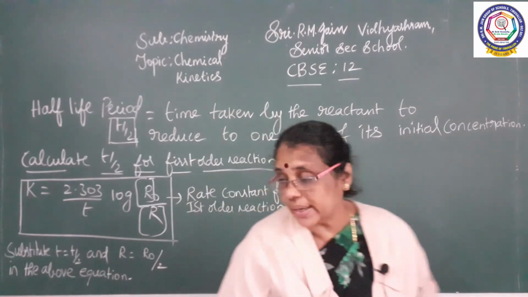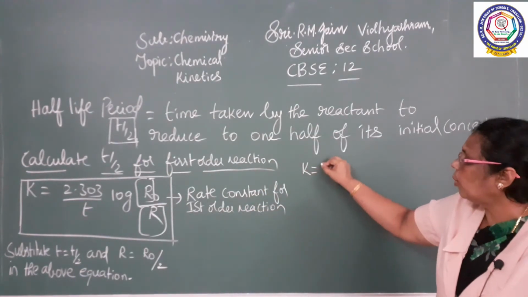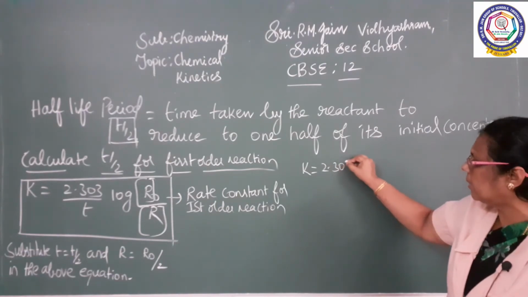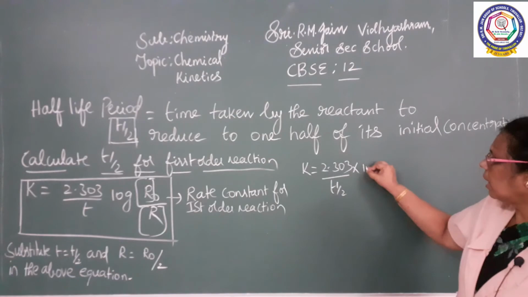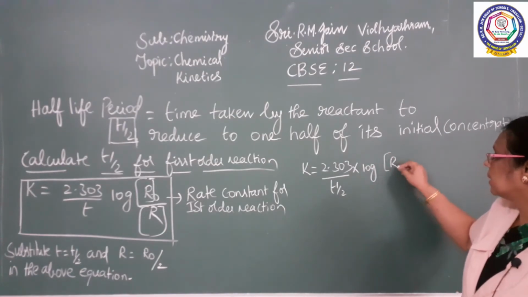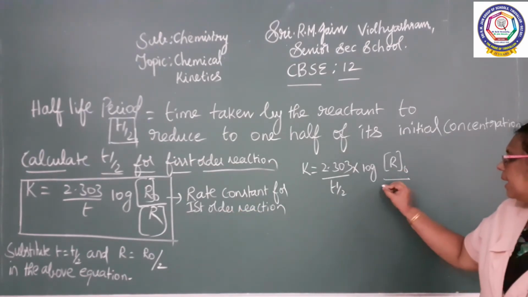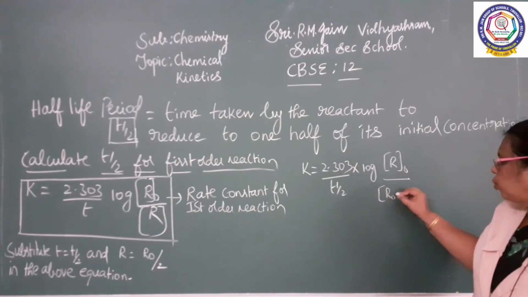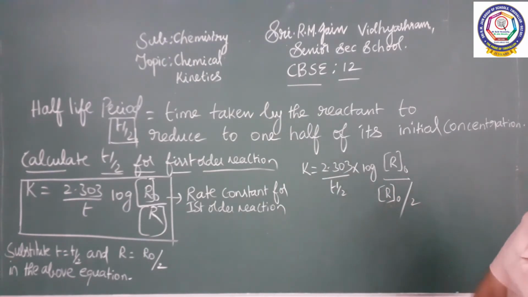What will you get? K is equal to 2.303 divided by T half into log R naught divided by R, where R is written as R naught by 2.